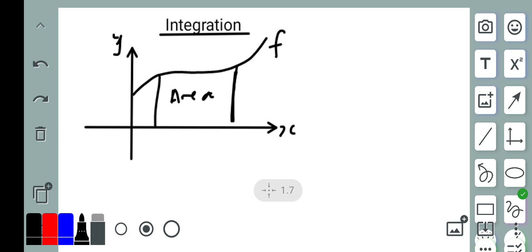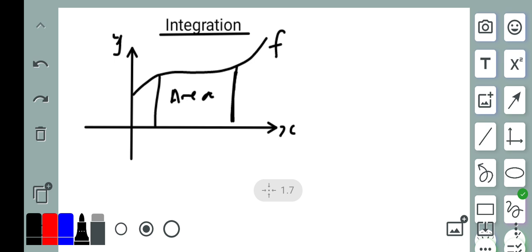So what comes about in the integration that I'm talking about here? There is a man called Riemann, and one of his methods is what we are going to use today. It's called the Riemann integral.